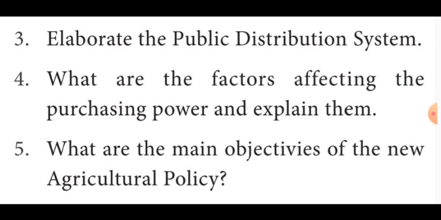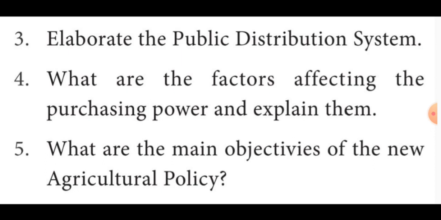Okay, students. Then the next question, fourth one: what are the factors affecting the purchasing power and explain them. The answer is on page number 314, under the purchasing power heading.